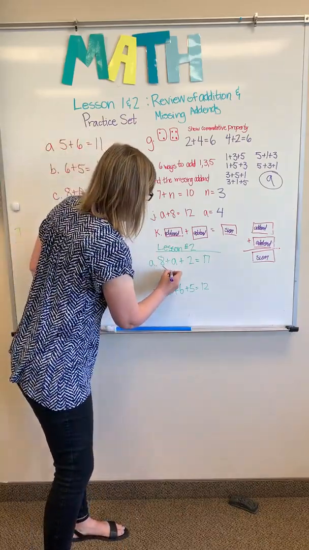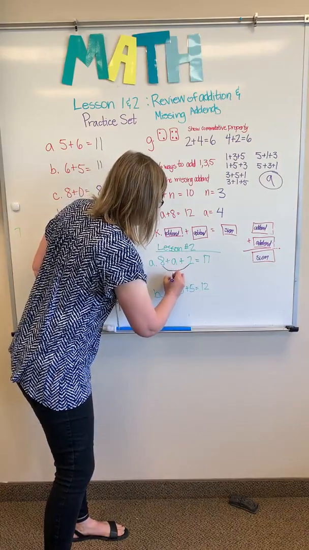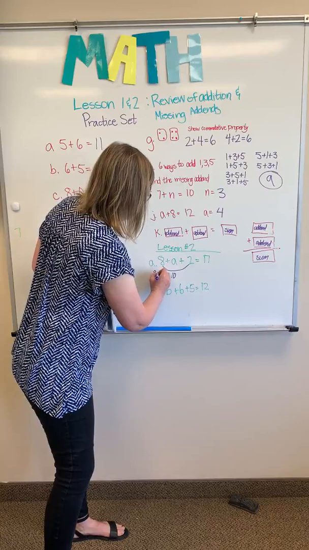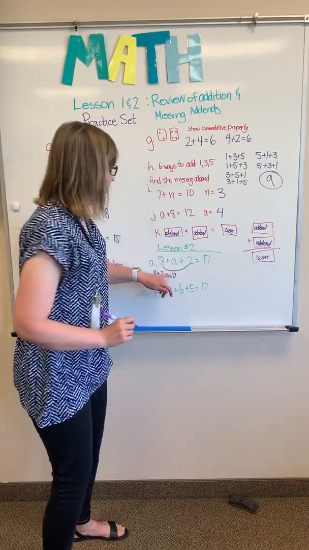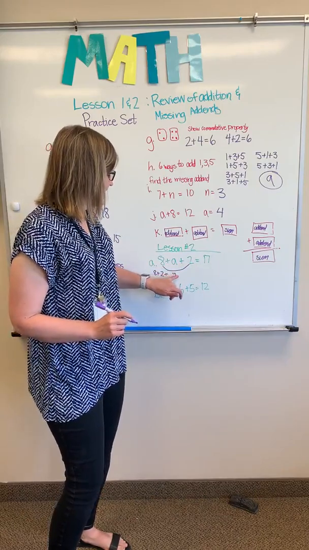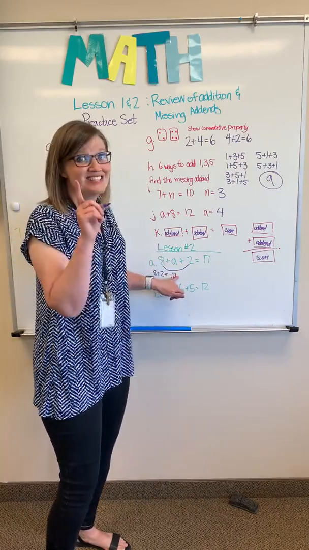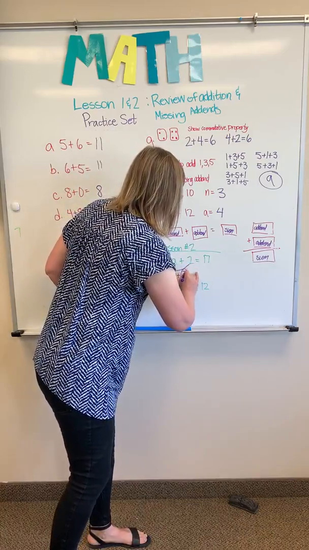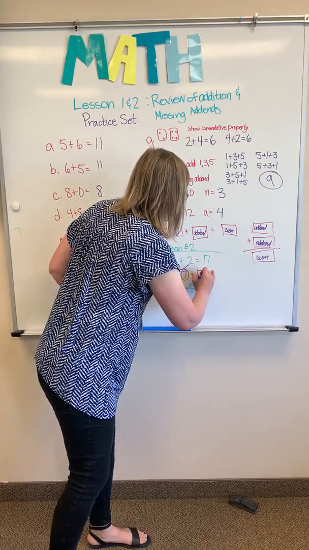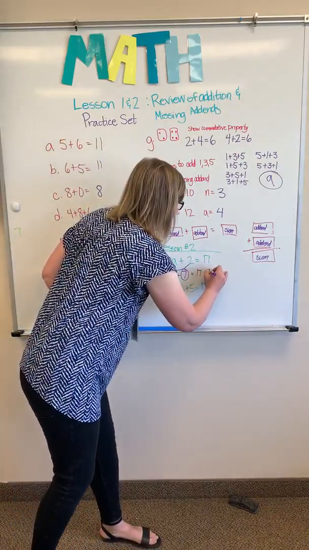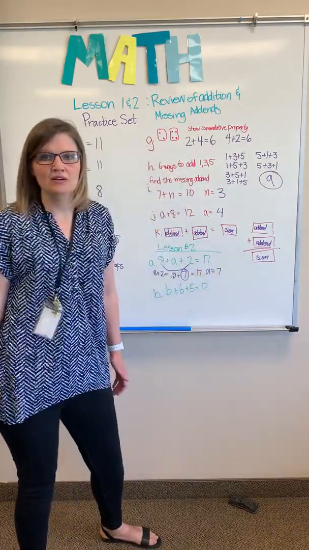I know that 8 plus 2 equals 10. These two. And then that becomes super easy. I know that 10 plus 7 would equal 17. So that lets me know that A equals 7.